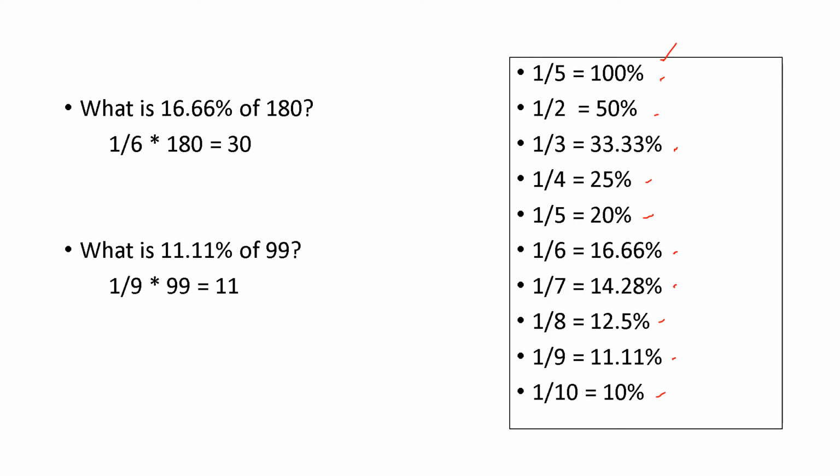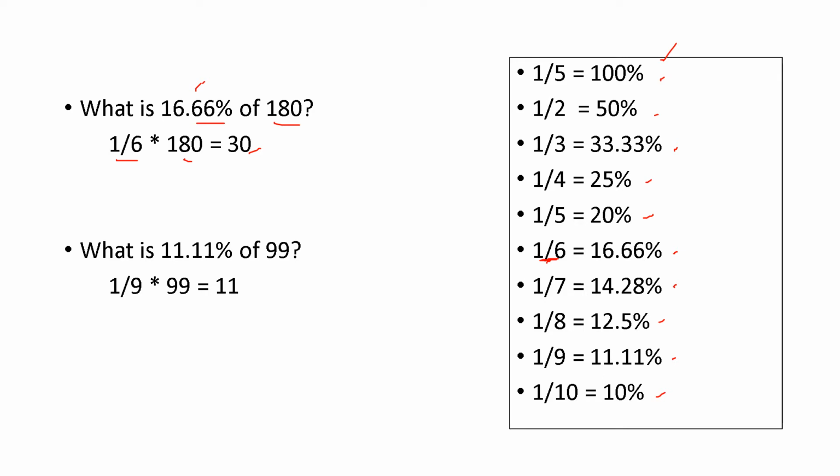What is 16.66% of 180? It is given 16.66% of 180. So 16.66% is 1 by 6. See this? 1 by 6. So just substitute 1 by 6 into 180. That is 30. Or else you have to sit and calculate 16.66% of 180.